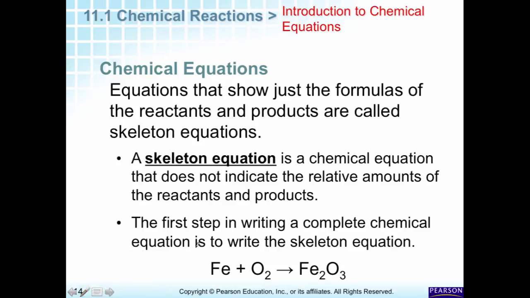Iron plus oxygen produces iron 3 oxide. So what we did is we took iron and turned it into its symbol, oxygen, diatomic, and Fe2O3, iron 3 oxide.